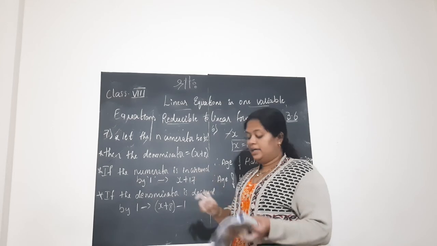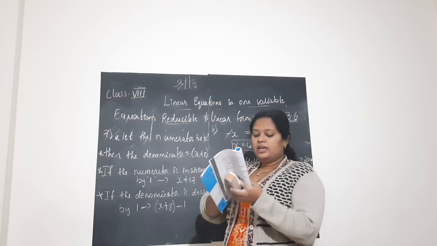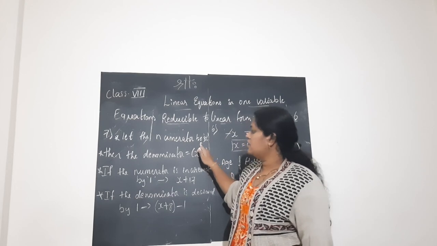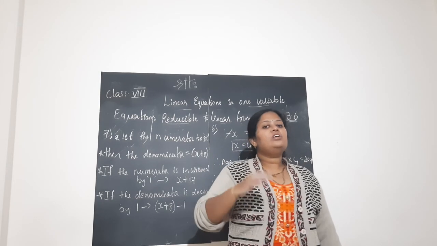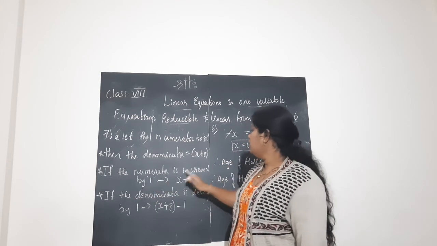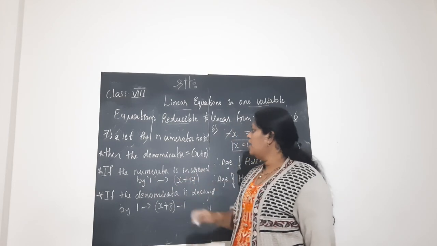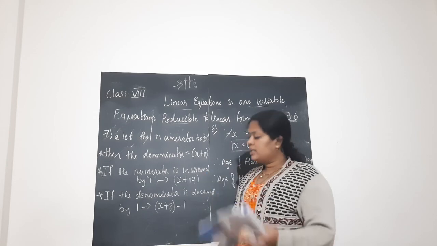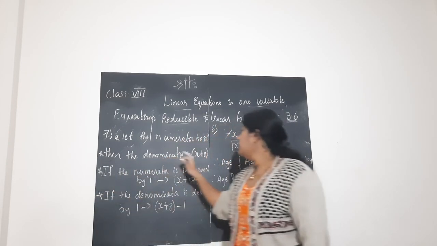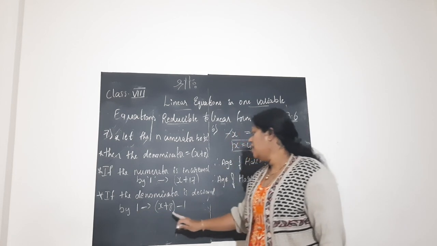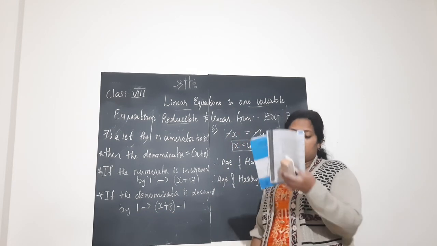So x plus 8. Next sentence, if the numerator is increased by 17, what is our numerator? X. Increased by 17 means you are adding 17 to that. So the value is x plus 17. Next, if the denominator is decreased by 1, what is our denominator? X plus 8. If the denominator is decreased by 1, then it is x plus 8 minus 1.